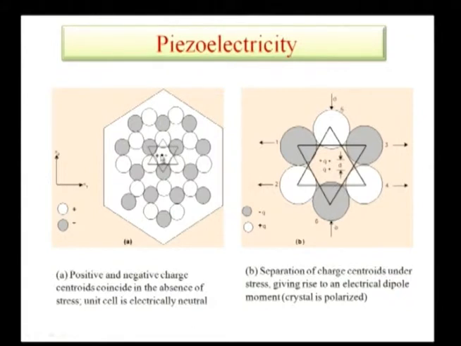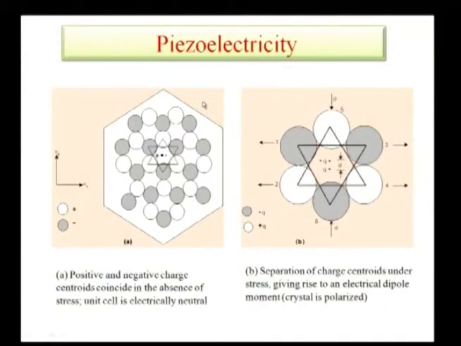Thereby, the centroids have been disturbed. The positive charge centroid and negative charge centroid, these two centroids were coinciding with each other in the earlier case.